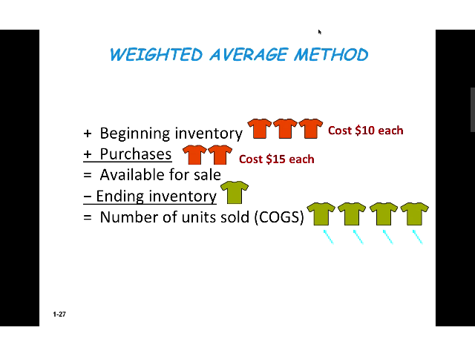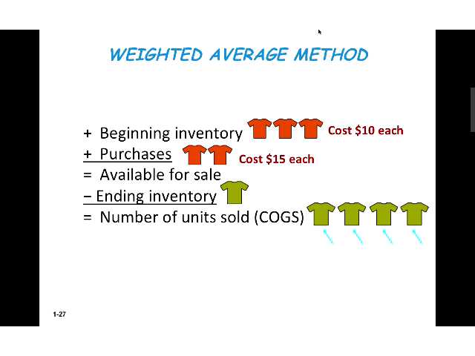So the next method, working our way down into things that make sense, is the average method. It's either known as the average method, or I call it the weighted average method, just to say we can't just add $10 and $15 and get $12.50, because it's got to be weighted with how much is in each category. So if I can't use specific identification, why don't I use some kind of average?